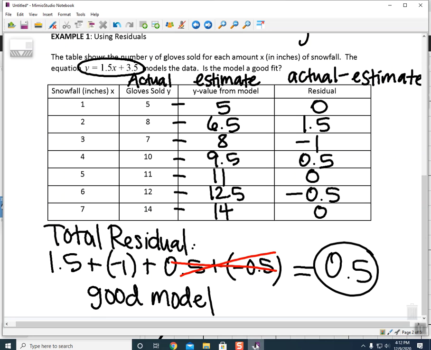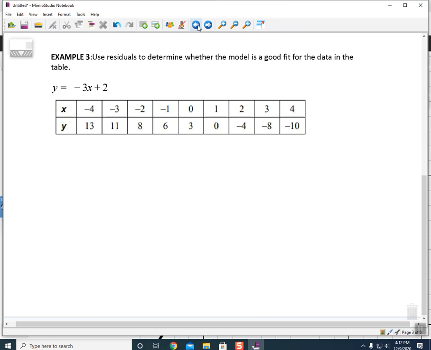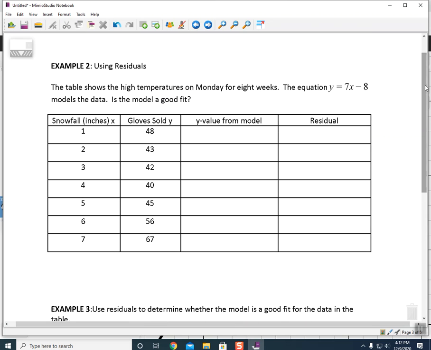All right, let's move on to the next one. Similar thing. Snowfall, though, is going to change to Mondays. And then this is going to be temperature. And then we're doing the same thing. This is my estimate.